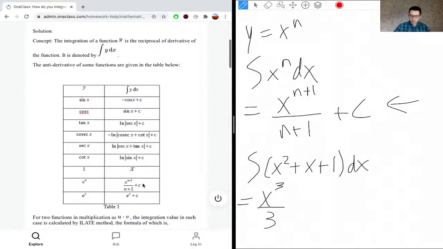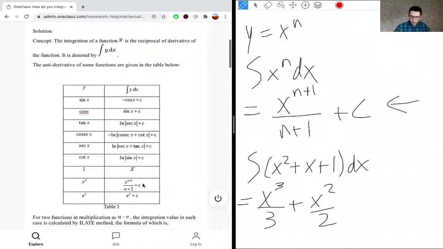So you can see how this formula makes it easier to evaluate. Then the next component, x, would just be x squared over 2. So the exponent here is 1, which is n in our scenario, and then n we substitute into here and here. So we're left with x squared on top and then 2 on the bottom.